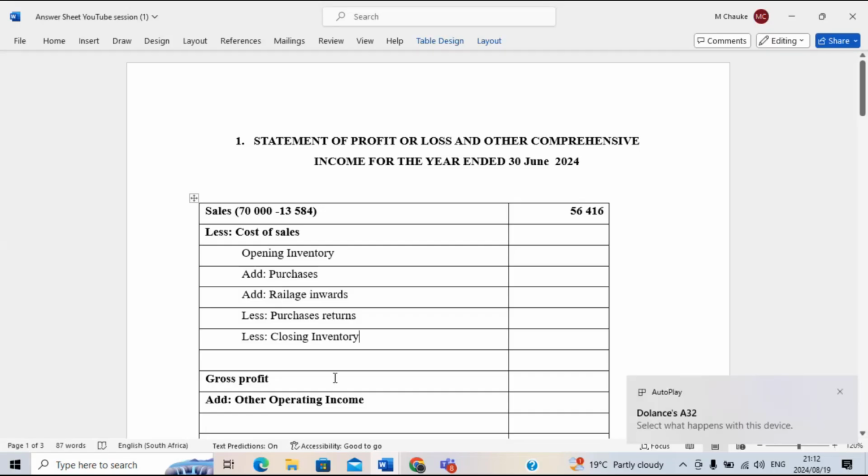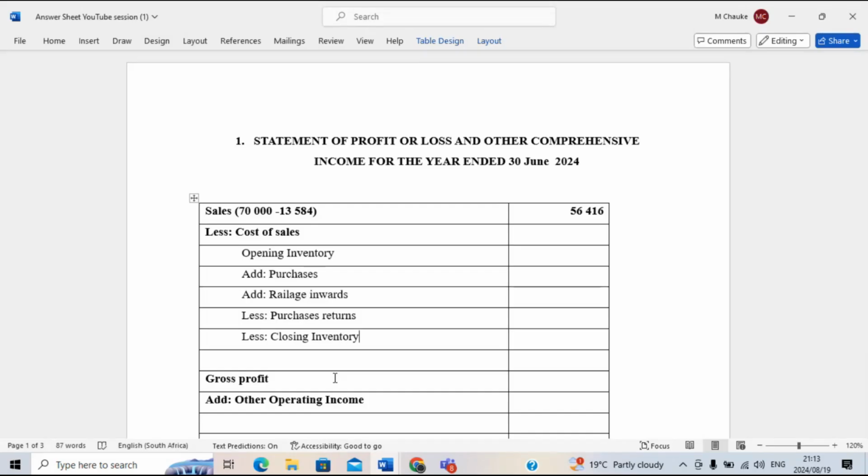I just indicated with the date. So now you must be able to check the date, right? They say your year ended 30 June 2024. That is your end year period. So when did you start? You started on the 1st of July 2023. That is your opening date. That's where you're going to check your opening inventory and closing inventory.